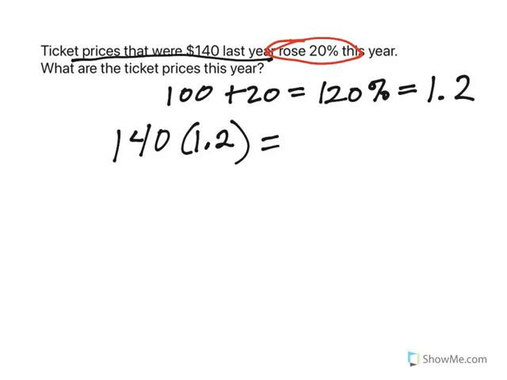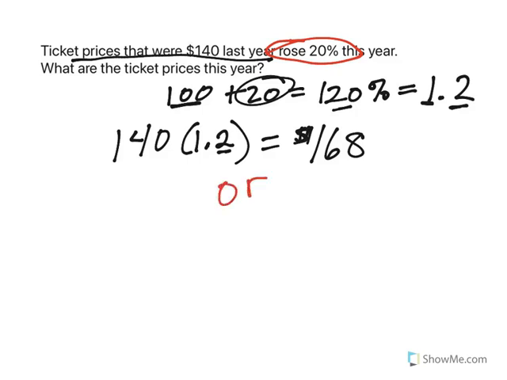And that gives us a ticket value of $168. So that's the cost of the ticket prices this year, because we have this 1, which represents what they were, the 140. The 20% increase is the 0.2, which is how much they increased. Now, you could also think about this a different way.